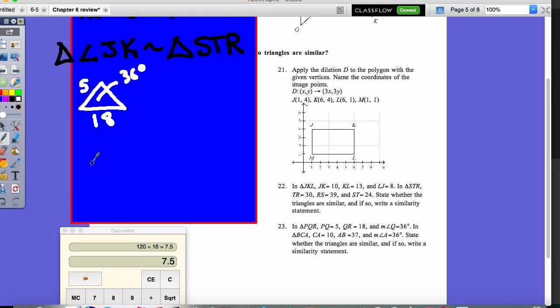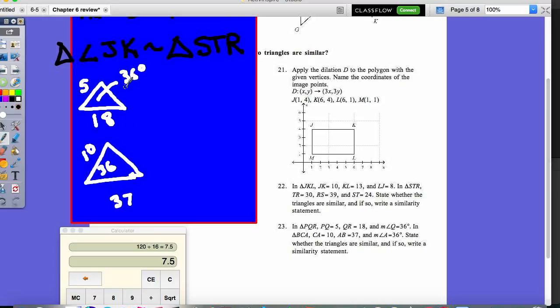Okay, then in BCA, CA is 10. That's the shortest side. The other is 37. Okay? And this is 36.